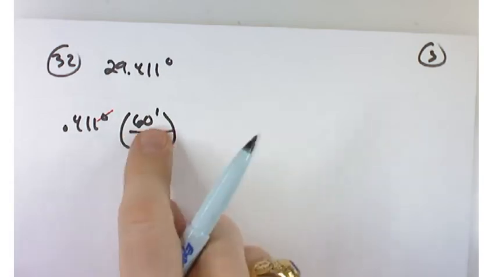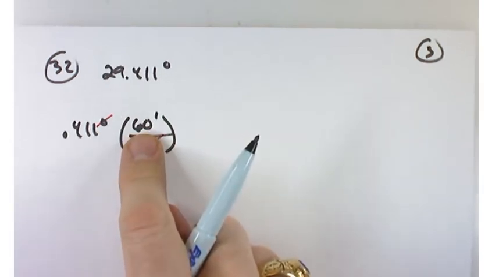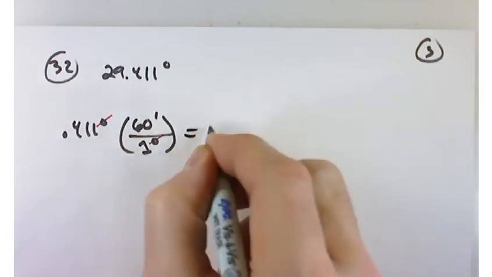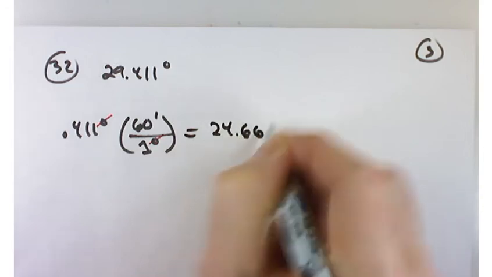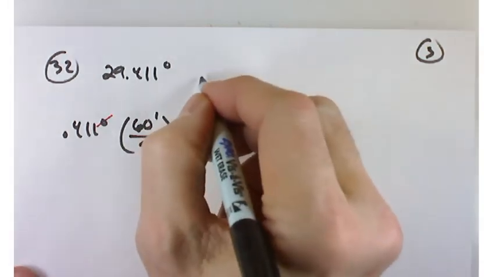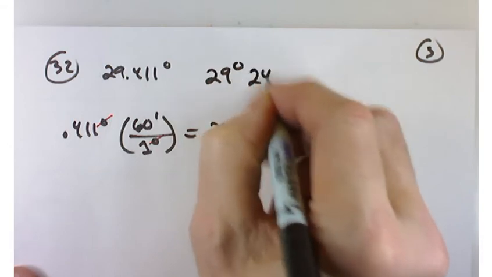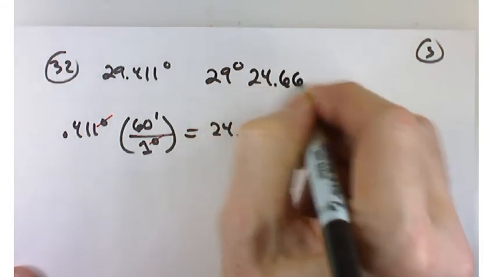So 60 times 0.411 is 24.66. All right, cool. 24.66, and that's in minutes. Nice. So I'll rewrite this as 29 degrees, 24.66 minutes.